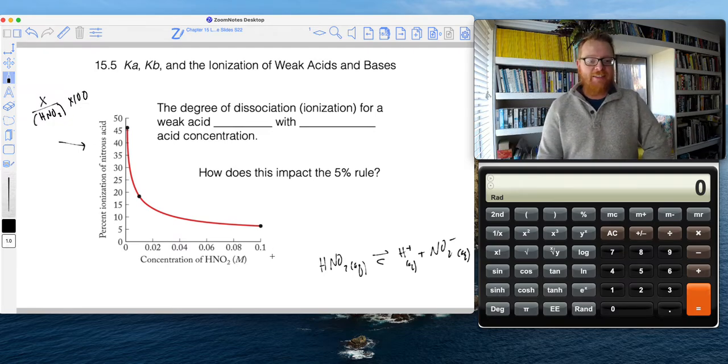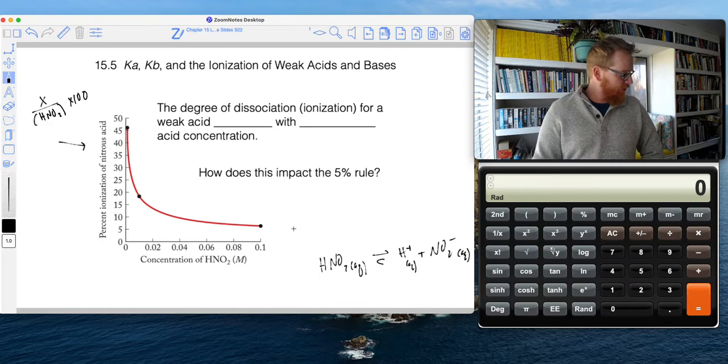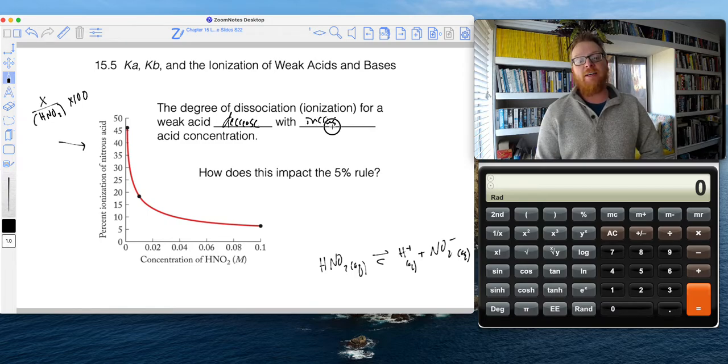What you can see here is that as you get more and more concentrated, the percent dissociation really drops. So the degree of dissociation or ionization for a weak acid decreases with increasing acid concentration.